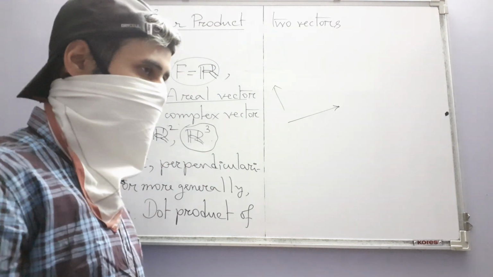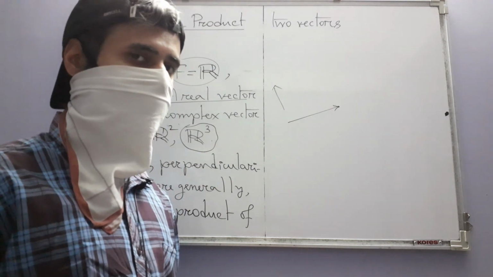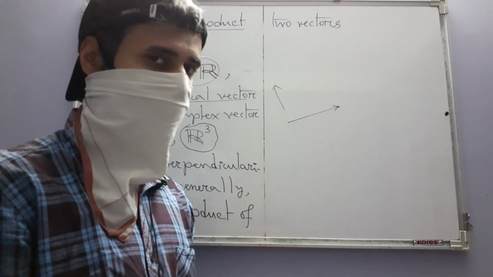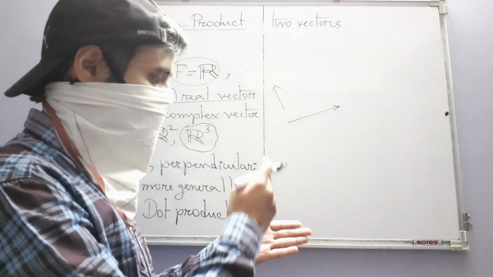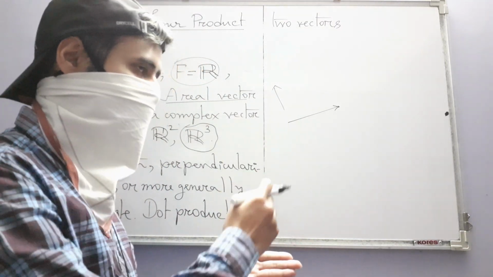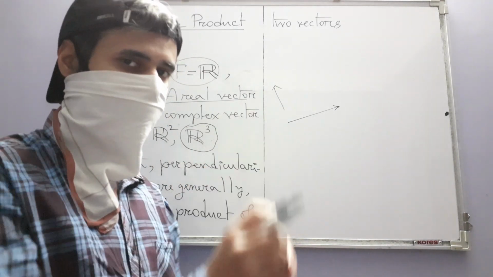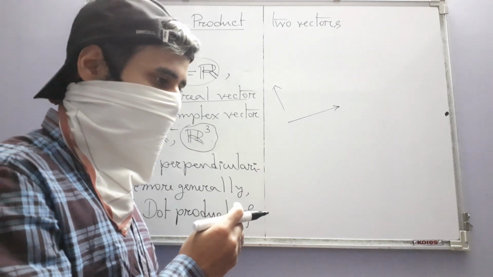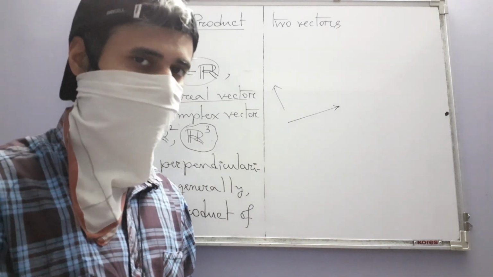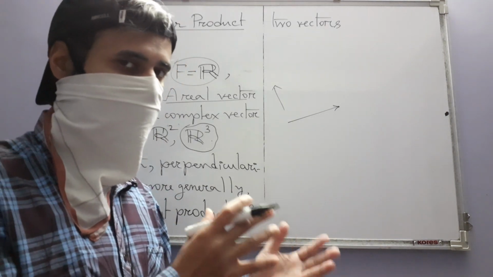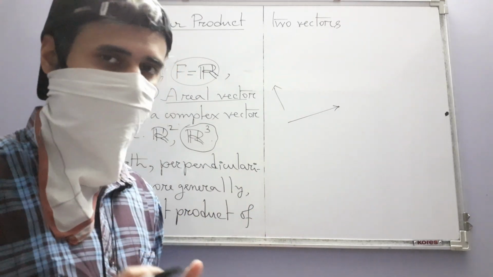In fact, we use the dot product in physics to calculate the work done by a force. You take the dot product of the force vector and the displacement vector. Say, by applying that force to some object, the object suffers a displacement. So the displacement is also a vector and the force is also a vector.